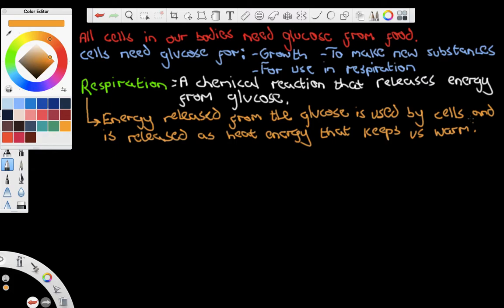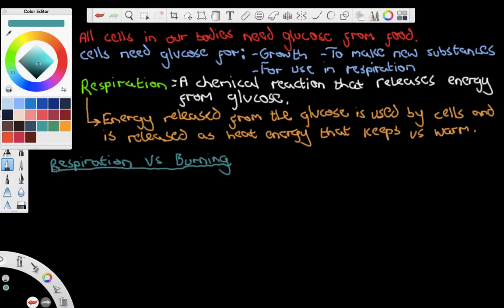Now, respiration is similar to burning. Okay, when we burn something and a flame comes off it, respiration is a very similar reaction. So we can put the subheading respiration versus burning. And we can underline it.